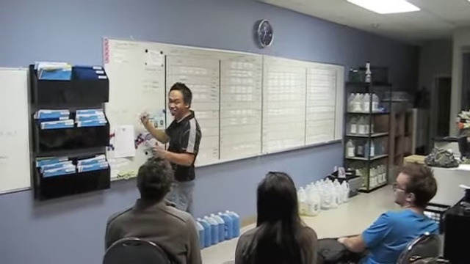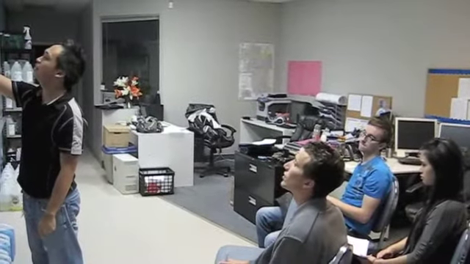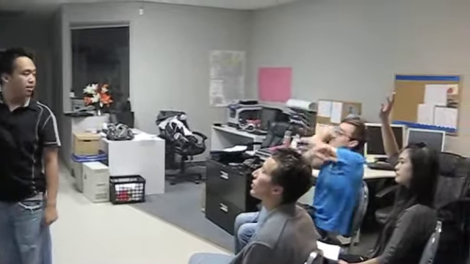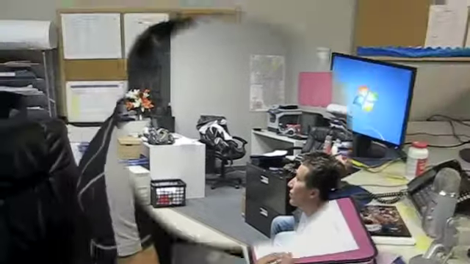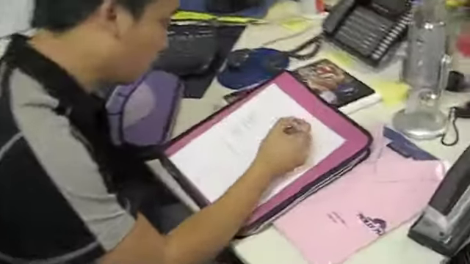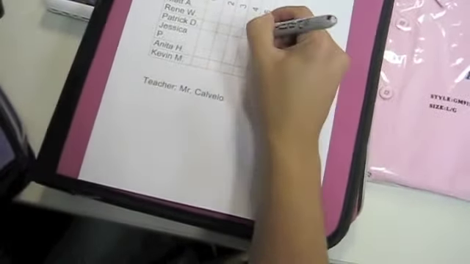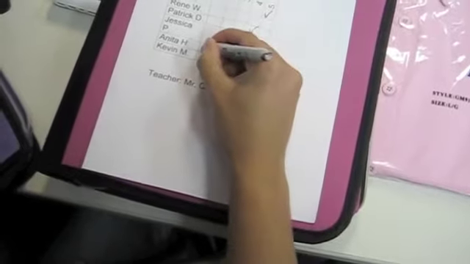Oh, Matt, good job. That was awesome. And now let's try this. Can anyone give me the answer to this? Oh, Patrick. 24. Yes, 24. Good job, Patrick. Okay, Matt. Very good. Patrick. Also very good.